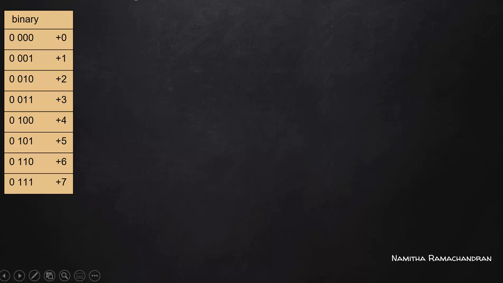Here, suppose these are the positive numbers represented in 2's complemented form. Now we need to get the negative of these in 2's complemented form. For that, take the 1's complemented form of it first, then add a single 1 to it.